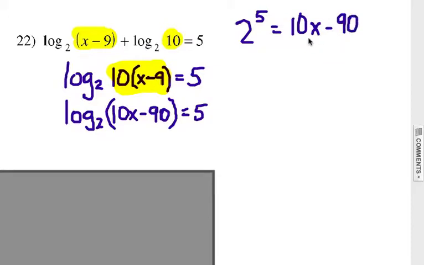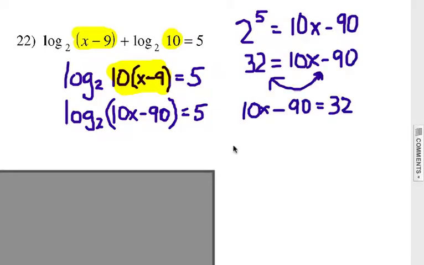Take a couple of steps. Let's figure this out. So 2 to the 5th power is 32, and we're going to go ahead and flip it around. We usually like to have our variables on the left, although it really doesn't matter mathematically. But from here, if you know what to do, hit pause to see if you're right. Otherwise, stick with me here. We're going to go ahead and subtract 90 from each side.